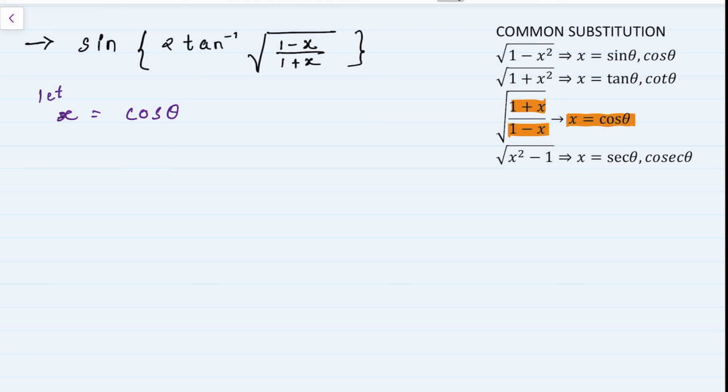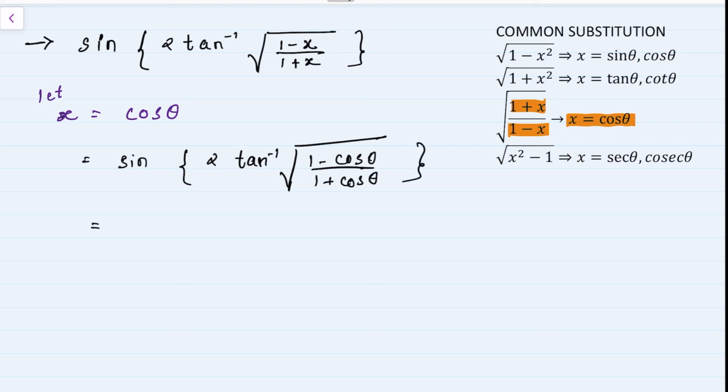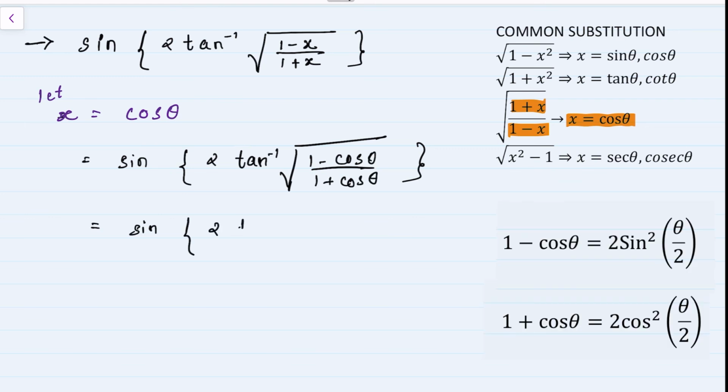Now, after substituting x is equals to cos theta, the bracket will become 2 tan inverse of, inside the root we'll have 1 minus cos upon 1 plus cos. Now this is the common identity we have used in almost every sum. Instead of 1 minus cos we can use 2 sin square, and instead of 1 plus cos we can use 2 cos square.